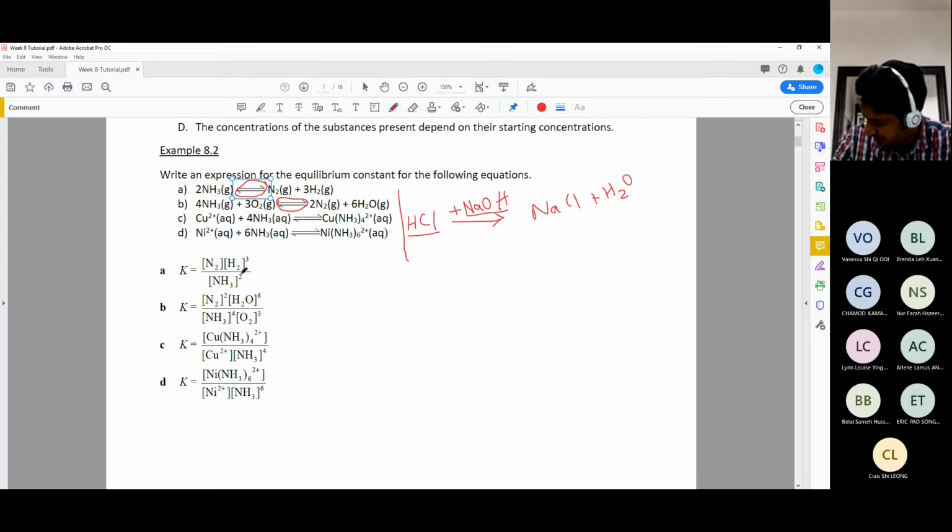But the good thing is, most organic reactions... what is an organic reaction? Does anybody have any idea? I know you're not supposed to know because we haven't studied the organic thing yet. Do you have any idea what an organic reaction could be? What's organic?